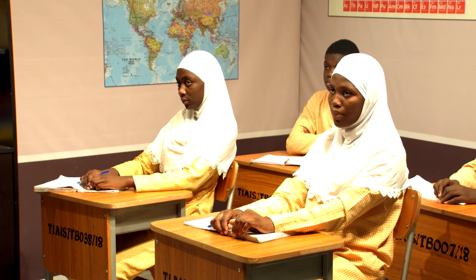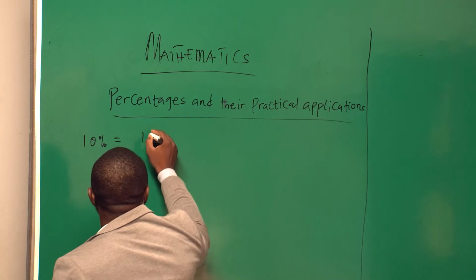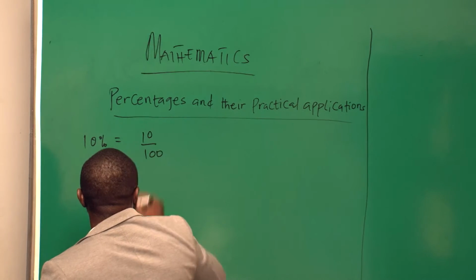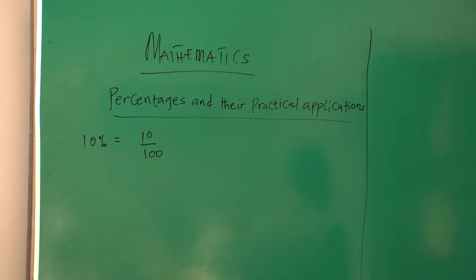Now, if I have 10%, as I indicated earlier, it should be interpreted to mean 10 out of 100. So I can write it as 10 over 100. But I can reduce it to the simplest form.